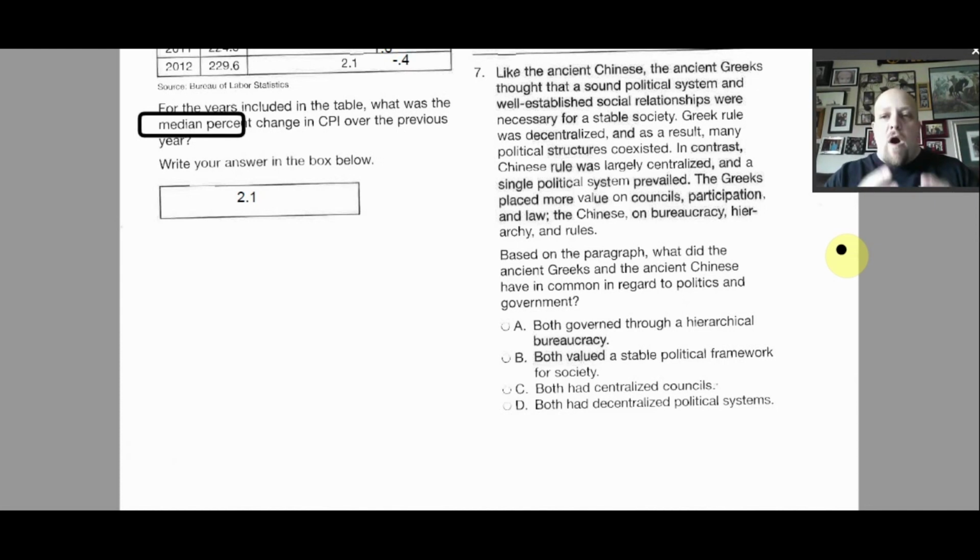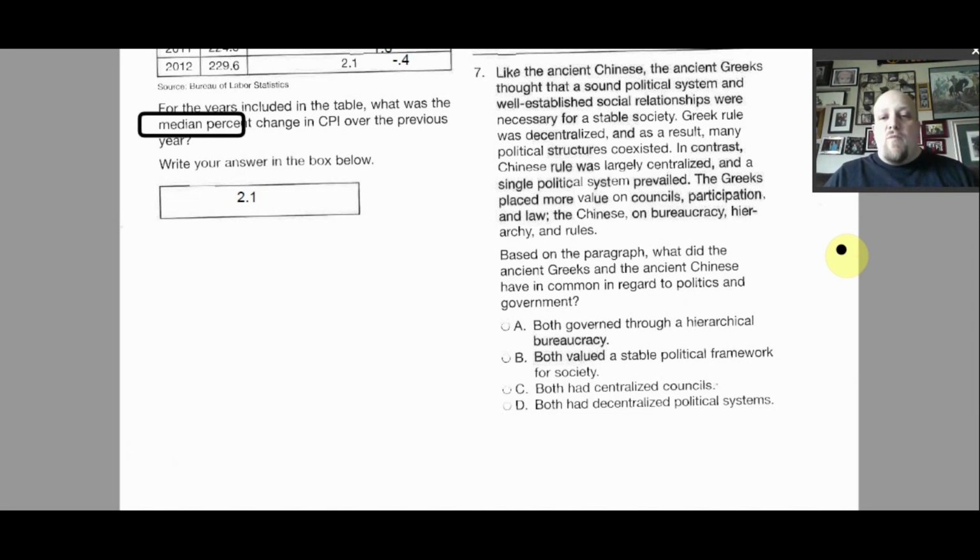There wasn't like one power right in the middle that decided everything. And as a result, many political structures coexisted. However, in contrast, meaning opposite to, Chinese rule was largely centralized, meaning they had one single political system that decided things for everybody.